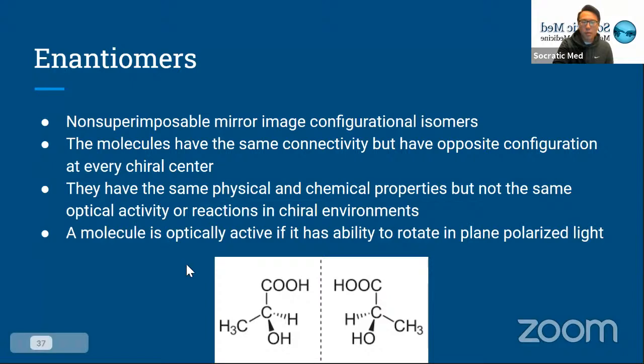So when considering a molecule's optical activity, you have to consider its R and S configurations at the stereogenic centers. If a molecule has R configuration, it'll rotate plane polarized light a certain degree of rotation, and then the enantiomer, since it'll have the opposite configuration, so instead of R it'll have S, or instead of S it'll have R, it'll rotate it the same amount, but in the opposite direction.